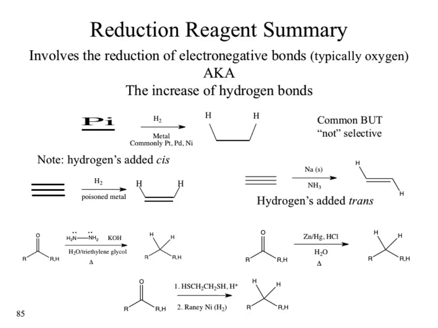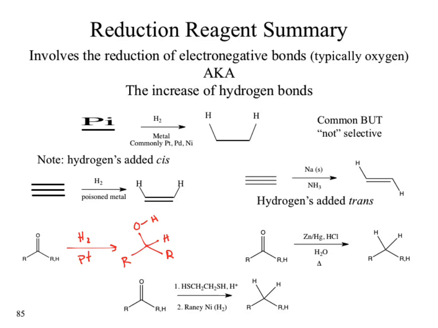All right, so let's take a look at that first one. If I was to react that first structure with hydrogen gas and platinum, I need to add hydrogen across the pi bond. What functional group would I end with? I add a hydrogen to one part and I add a hydrogen to the other part.